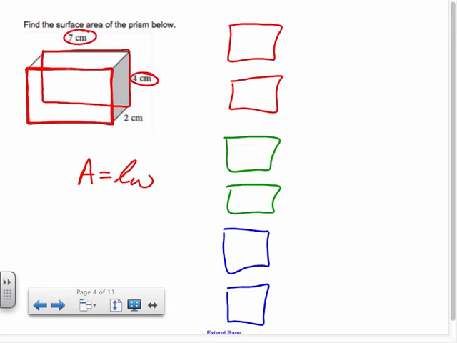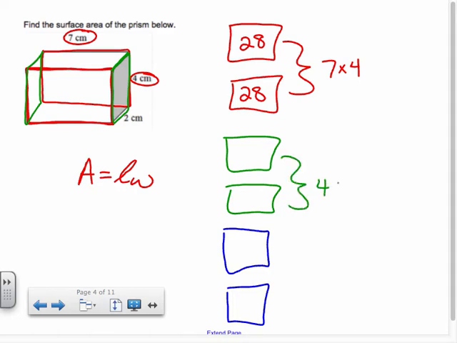So 7 times 4 is 28, and we get that again for the back by doing 7 times 4. So we have the front and back accounted for. Let's now do the right piece and the left piece. The dimensions of that are 4 by 2, so each of these becomes 8. So we have the front and the back and side to side.